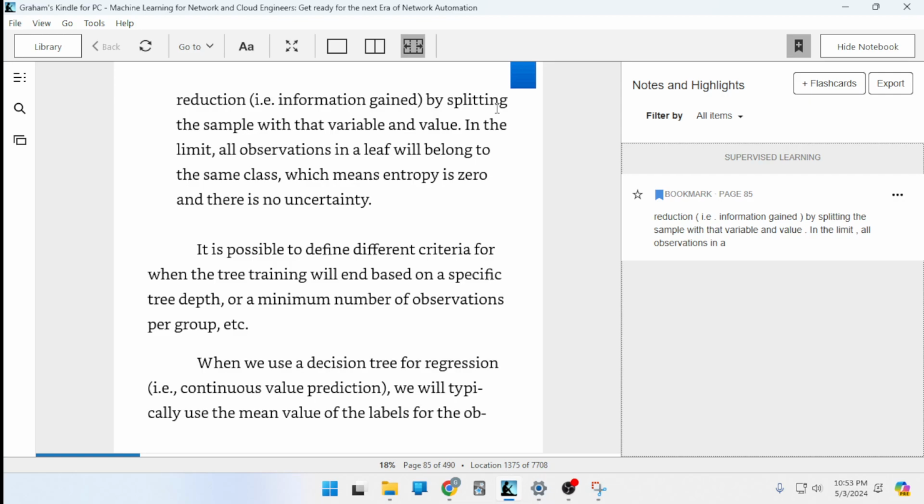In the limit, all observations in a leaf will belong to the same class, which means entropy is 0 and there is no uncertainty.